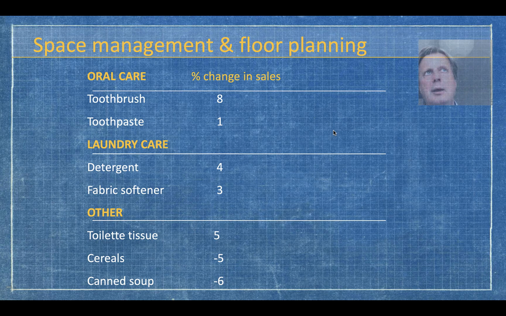Shoppers will not be as happy because they will leave the store without having gotten the inspiration. They only bought what they were thinking about buying. They didn't buy anything extra. They didn't get any help that inspired them to buy something extra. So I think these are classic examples, with the toothbrushes, the combination of items, both in the laundry care but also in the cereals case, and then the canned soup.